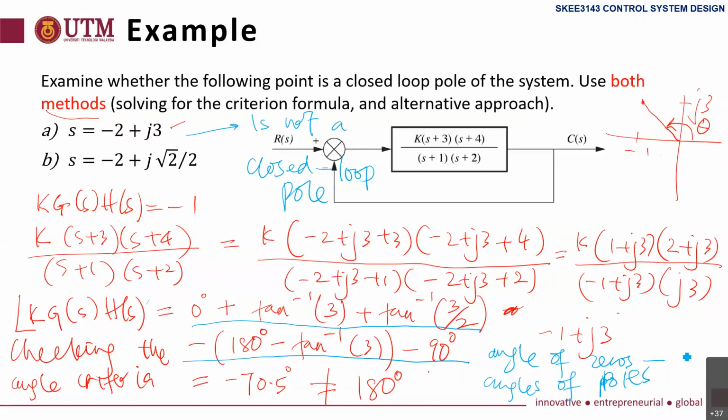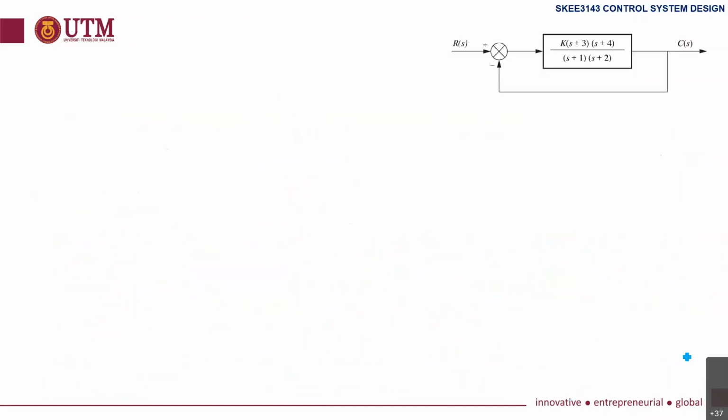Let's move on. Let's check B. We want to check s equal to minus 2 plus j root 2 over 2, whether it is a closed loop pole or not.